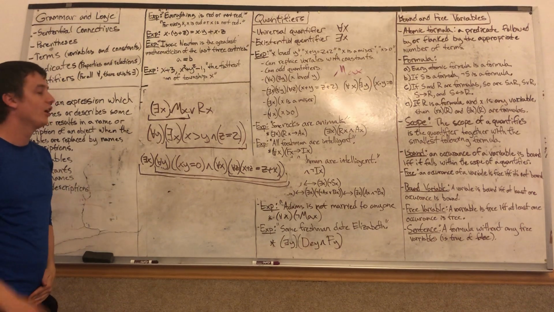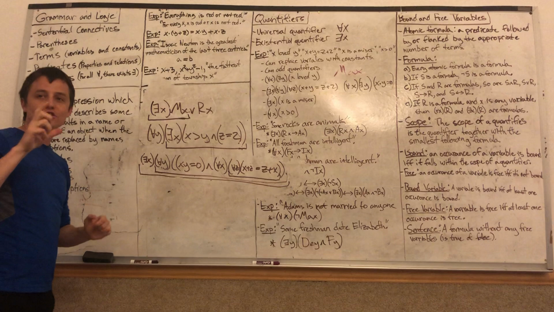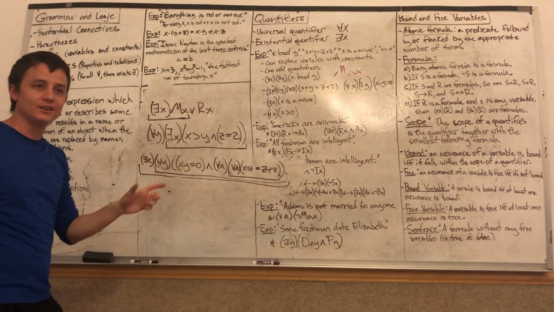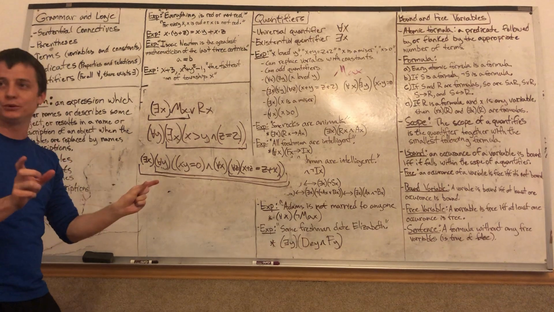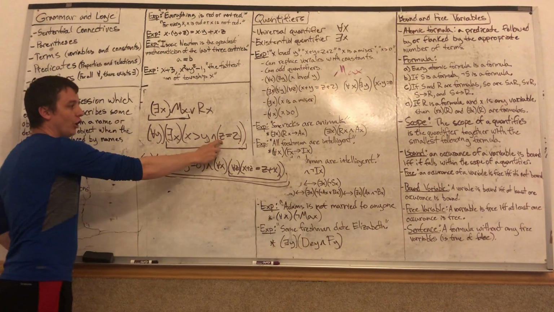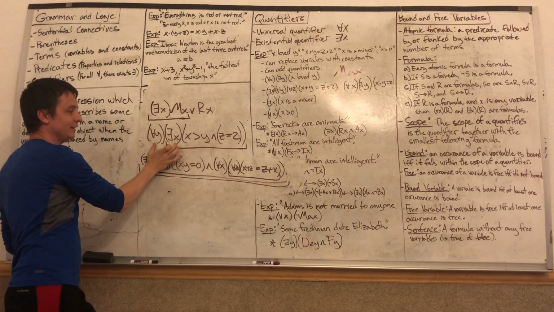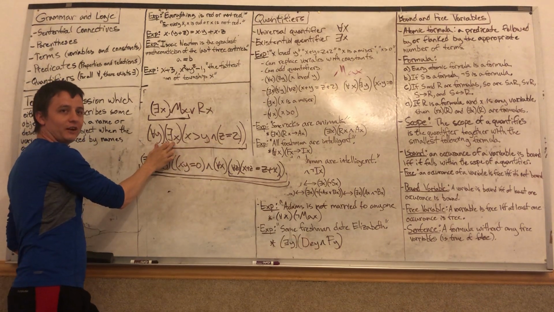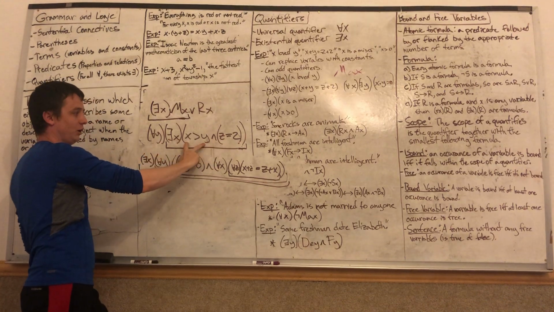No, it's not the scope of any quantifier, it's the scope of a quantifier about that variable. There's no quantifier about z. Just because it falls within the quantifiers of x and y, it doesn't matter. z is still free here, x and y are bound.